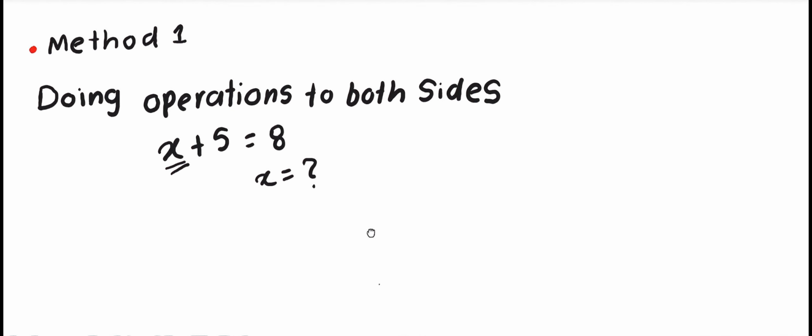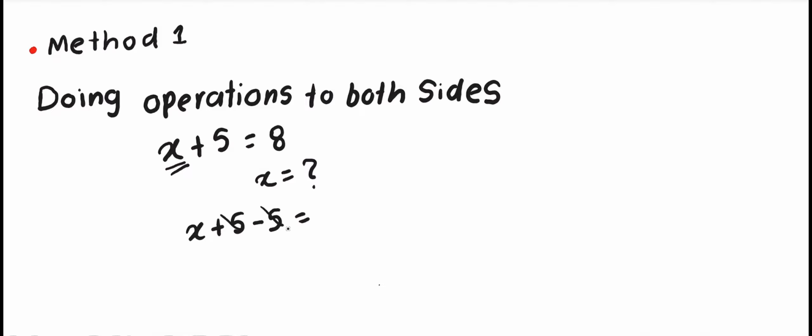To remove plus 5 from the left side of this equation, what can we do? We need to subtract 5 from the left side. We know plus 5 gets cut by minus 5.